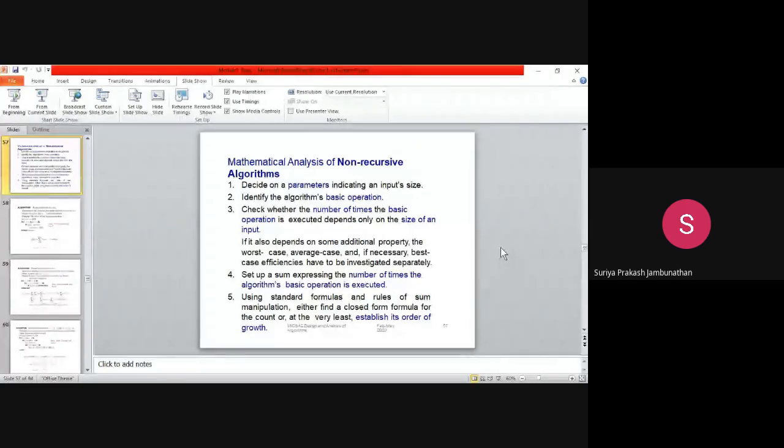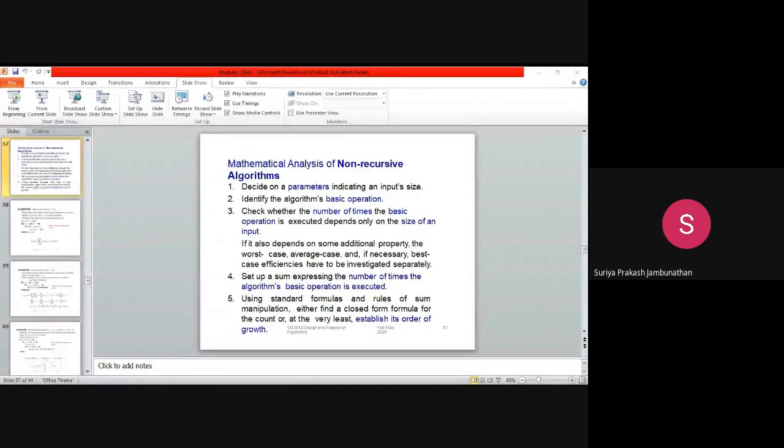So for example, we are dealing with a single array. For dealing with a single array, we use big O of 1, as we discussed last class. When we are going for two arrays, that will be big O of n.